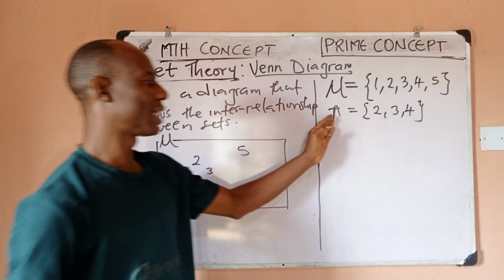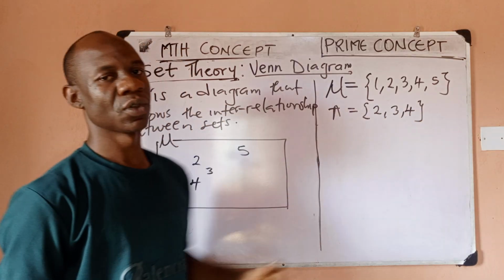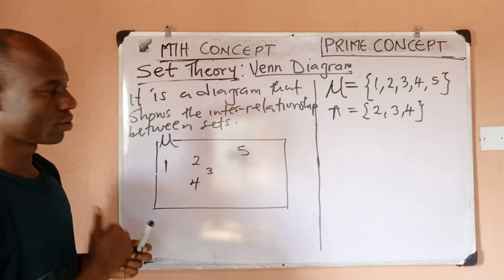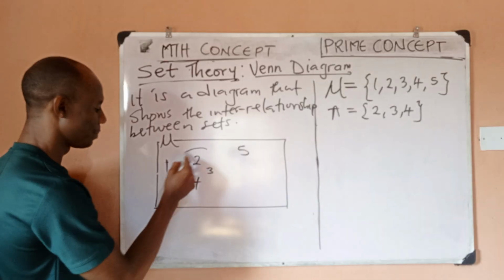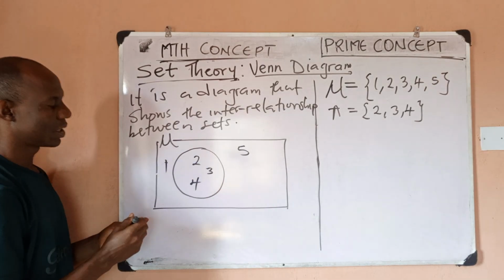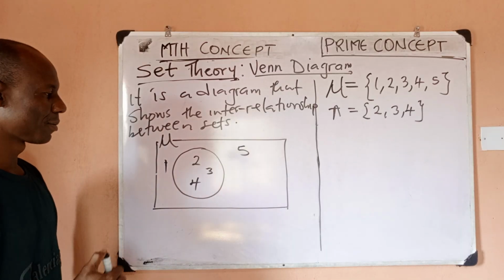But then we have a set A that contains the elements 2, 3, and 4. So to identify the set A, we use circles. If I put a circle around 2, 3, and 4, then this is the Venn diagram for these two sets, right?